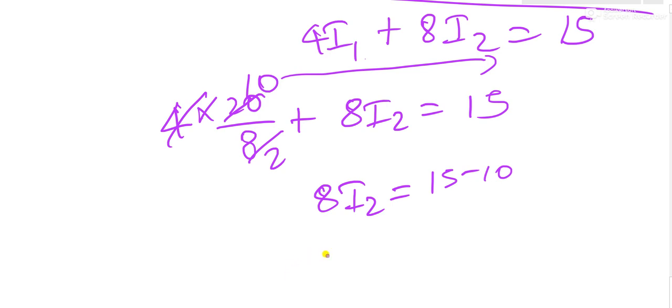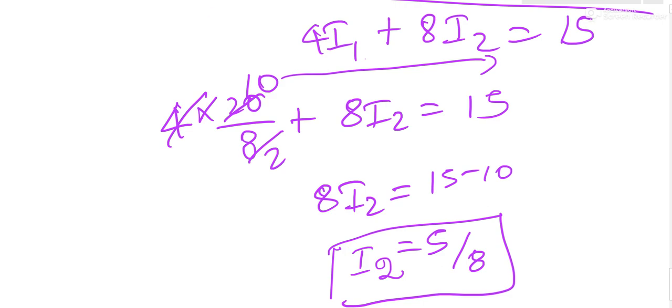So I2 is 5 divided by 8. Now I have I2 also.